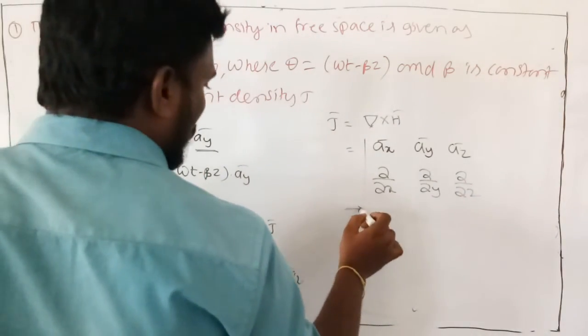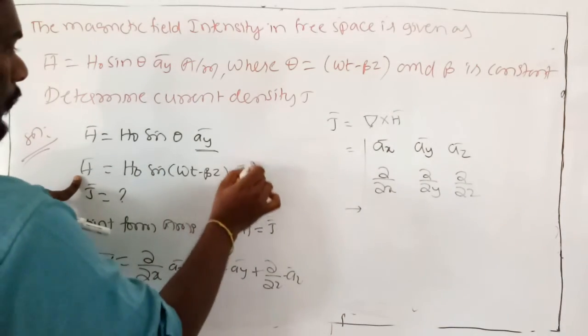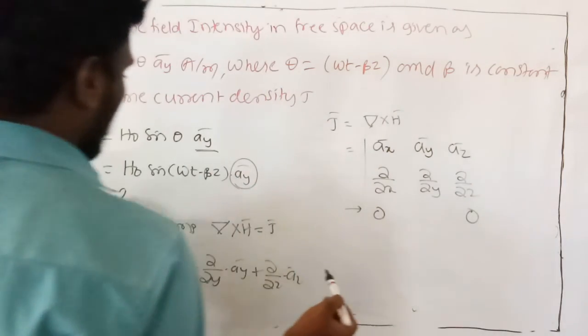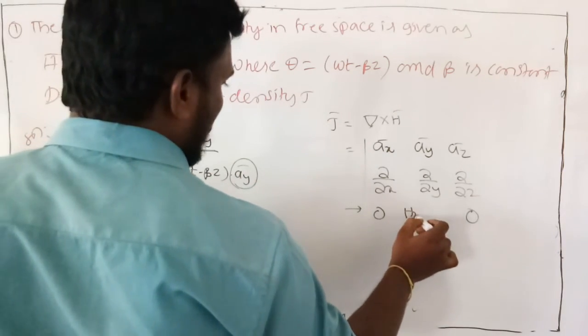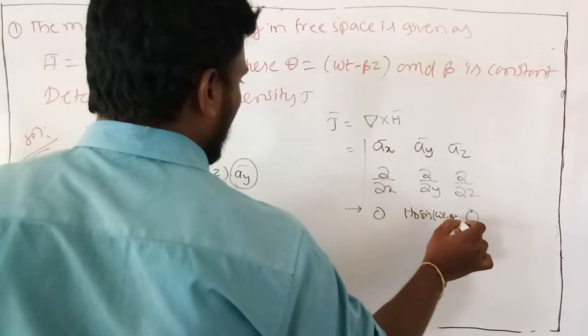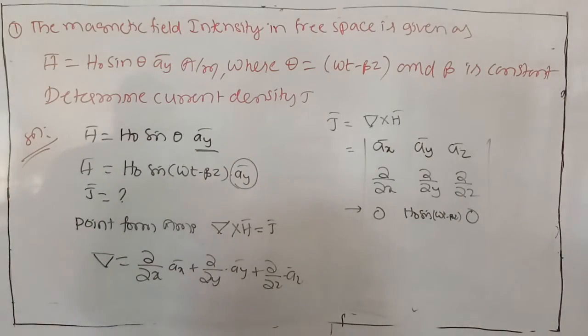And the third row is taken from H bar. In H bar we have only the AY component, and x and z components are 0. So the AY entry is H naught sin of omega t minus beta z. Just do the determinant so that you will get the answer.